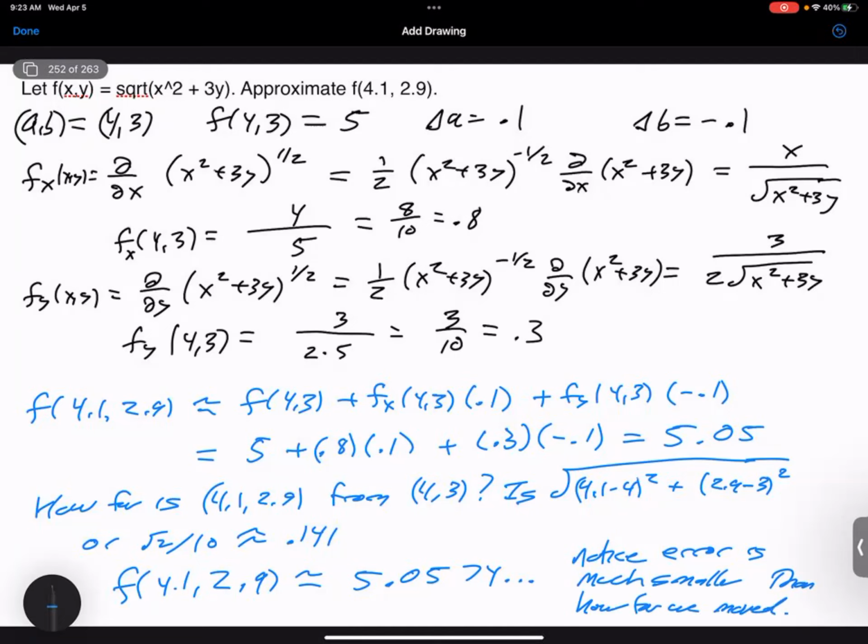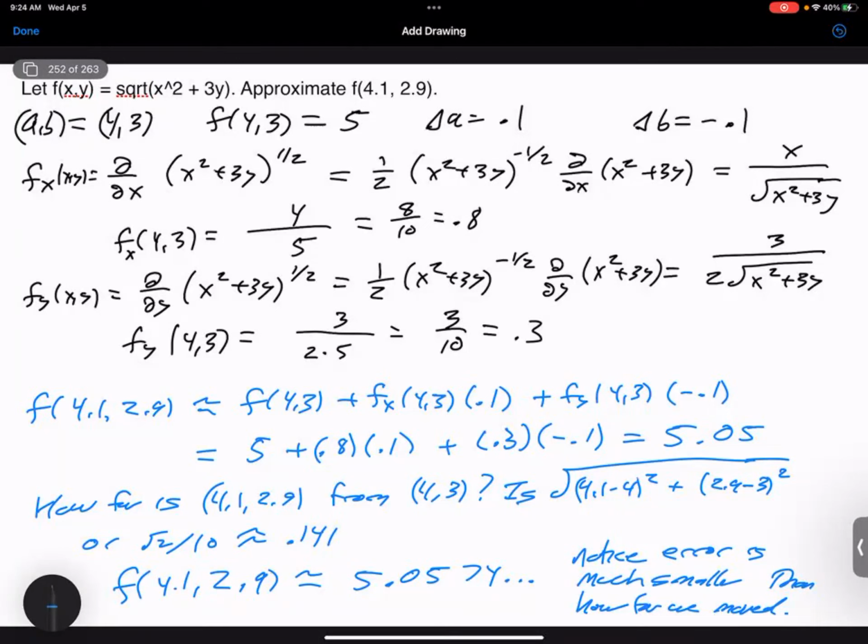If I just said the value of my function is 5, is that an okay estimate? Yeah. How much is 0.05 out of 5? We're talking about 1%. So it's not horrible. It's not terrific, but it's not horrible. But when you're looking to see how big is the error relative to how much we've moved, we're saying that the value of the function is about 5.05.